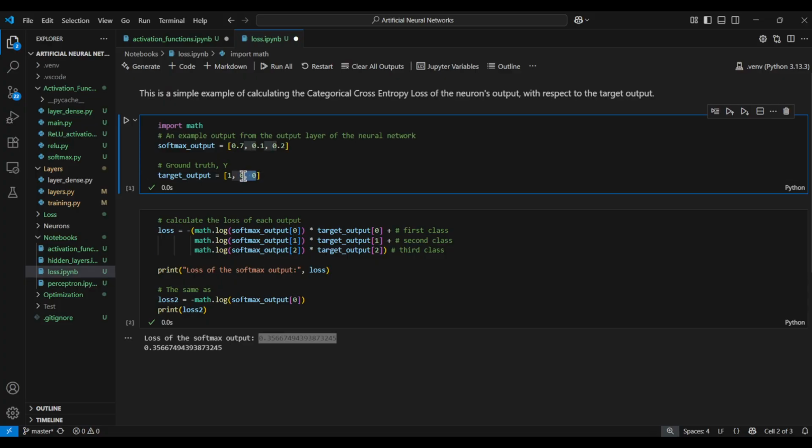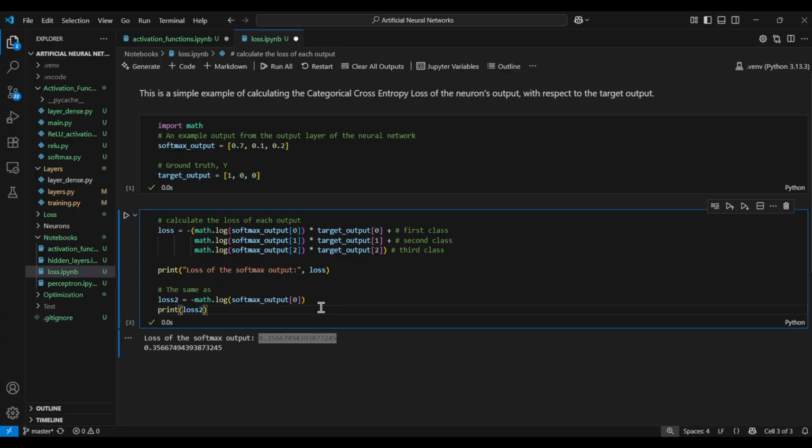So you're essentially just multiplying them by 0. So basically, they're the same. I think that's it for the loss.